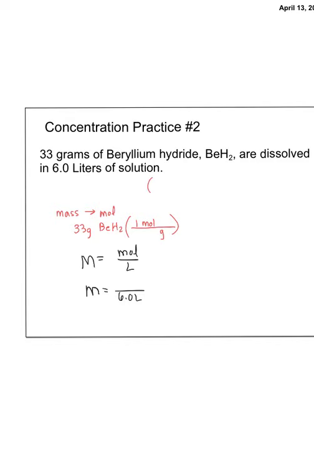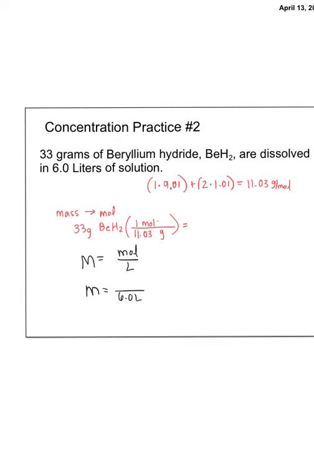The molar mass: we have 1 beryllium, 9.01, plus 2 times hydrogen, 1.01, gives me a molar mass of 11.03 grams per mole. So I already have the 1 mole part taken care of, but that's 11.03 grams per 1 mole.